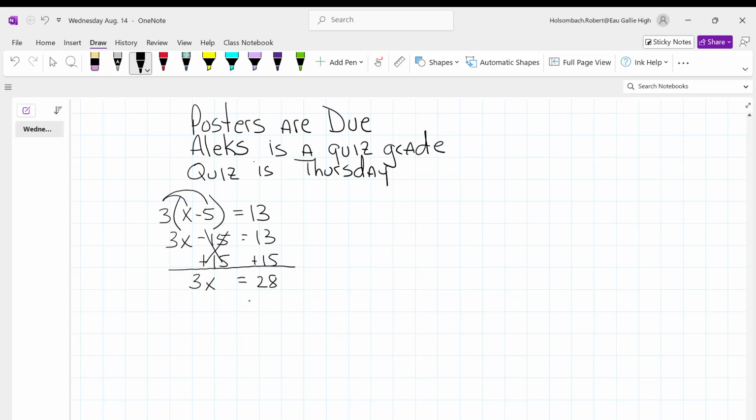I'm going to divide each side by 3 now. And our x is equal to 28 over 3. Now, since there's nothing that goes into 28 and 3 evenly, we're just going to leave it as 28 over 3.